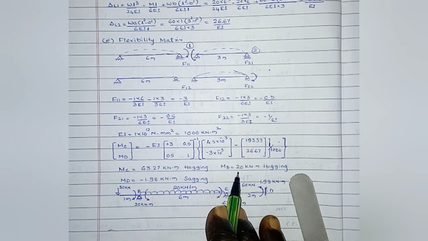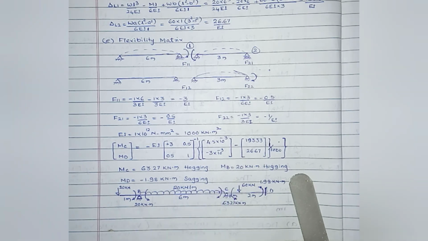Similarly, MBC is also 20 kilonewton meter. Here, these are the moments. This one is due to the point load acting at A in the overhang portion, this hogging 20 kilonewton meter.